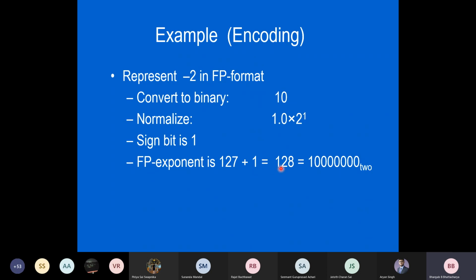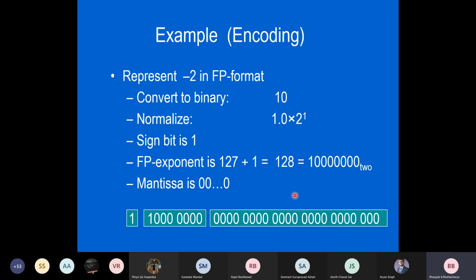So 1 plus 127 is 128, which is this. And therefore, mantissa after this binary point is all 0. So my number is 1 for the sign bit, exponent is 1 followed by 7 zeros, and mantissa is all zeros. Quite straightforward. Both encoding and decoding, I think you would be able to do it now very easily.